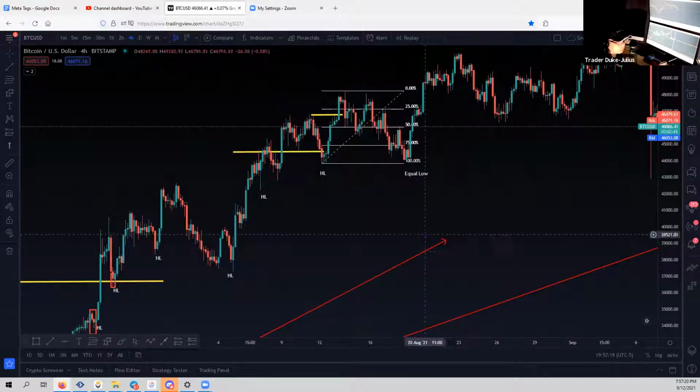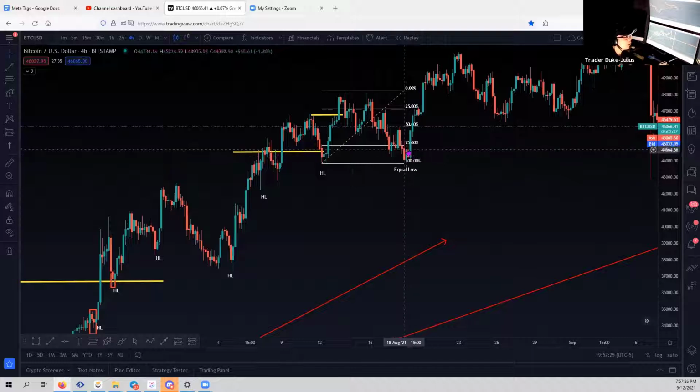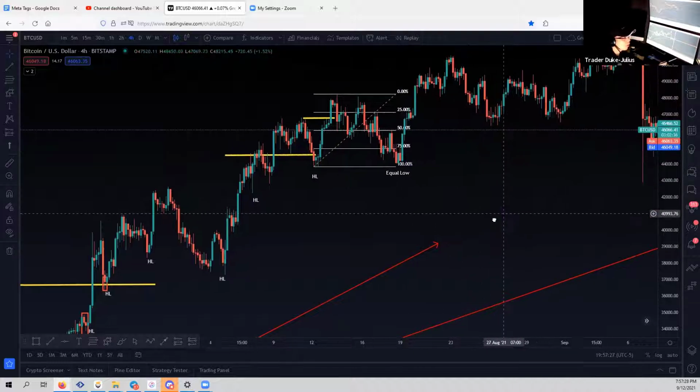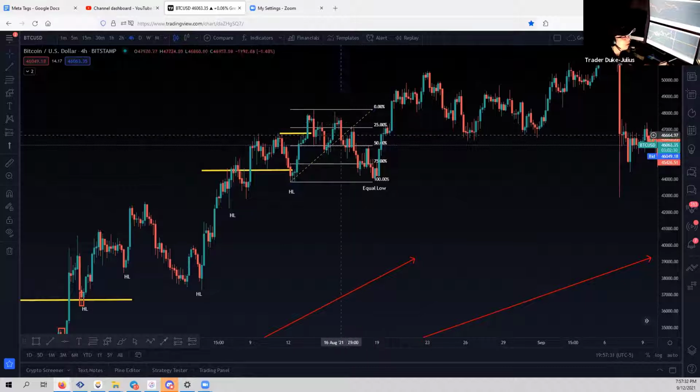Okay. So when price came and tested for equal lows, this would have been a great entry on a 1 hour chart or even a 5 minute, 15 minute. And then we have another BMS point right here.